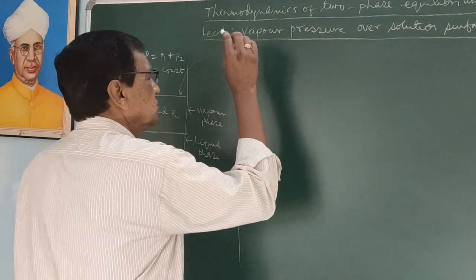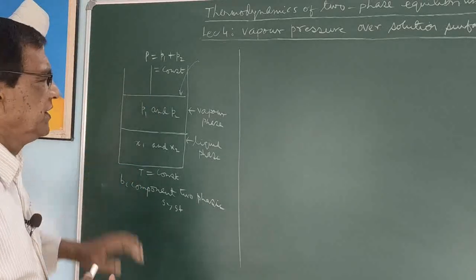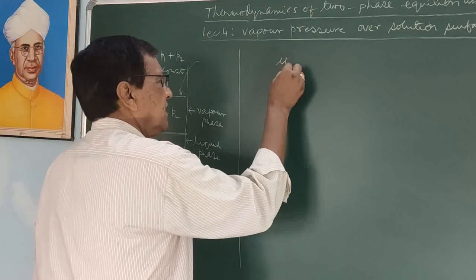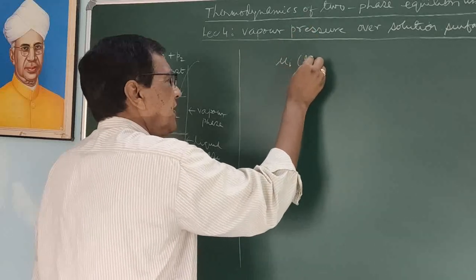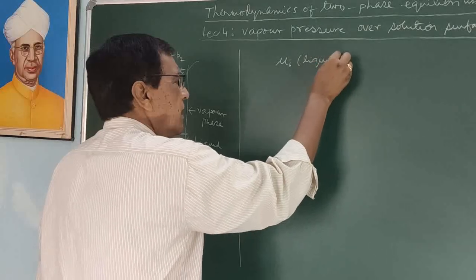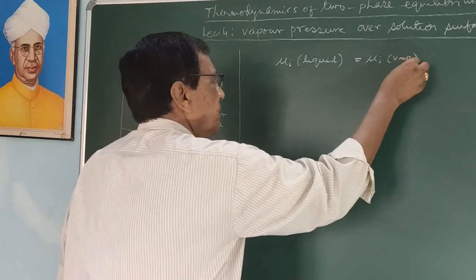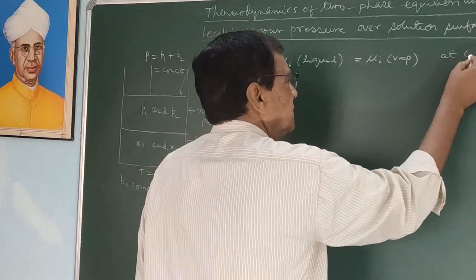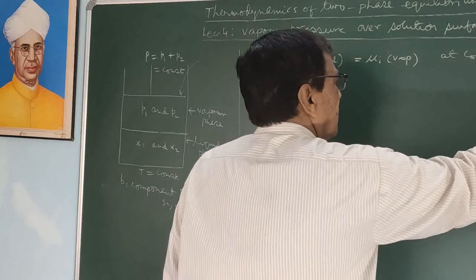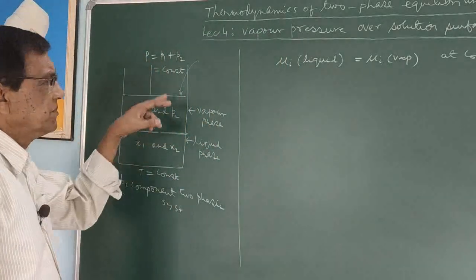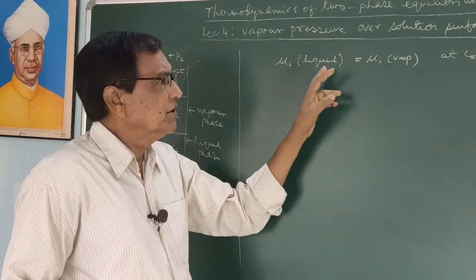As the ith component remains in equilibrium in both the phases, the condition is that mu i liquid is equal to mu i vapor at constant T and P. With temperature and pressure constant, the ith component remains in equilibrium between the two phases.